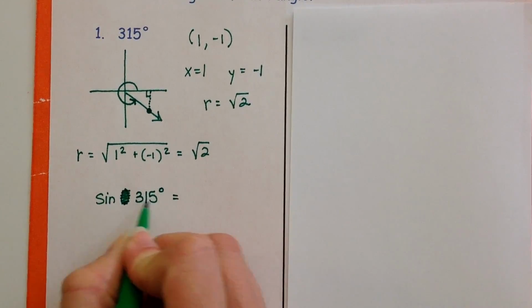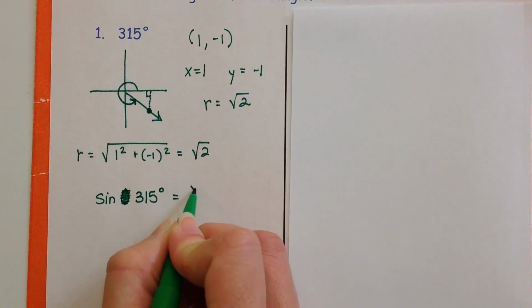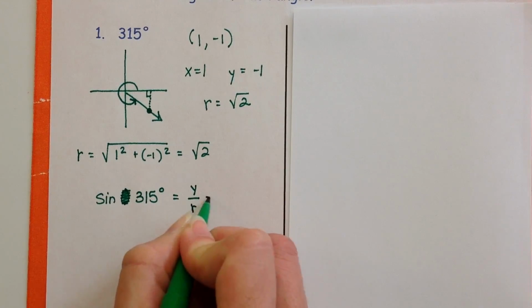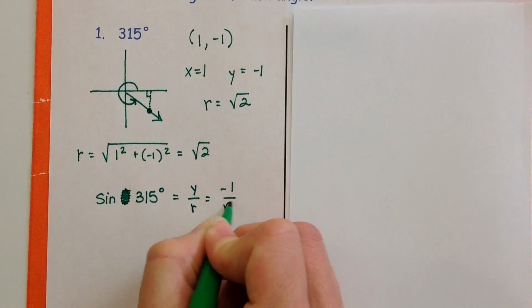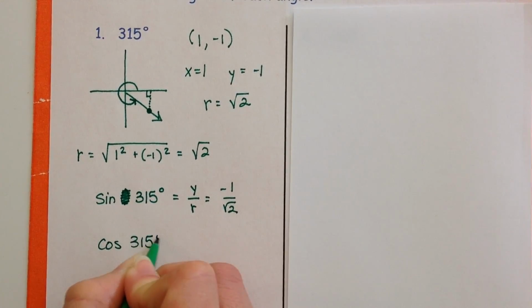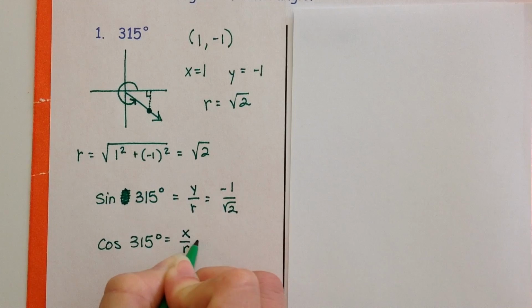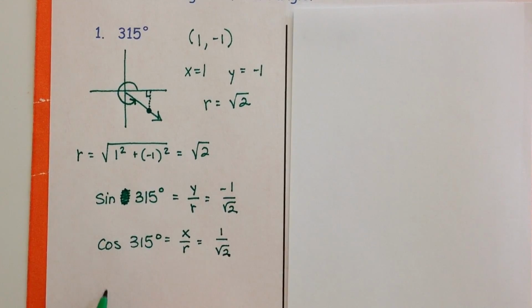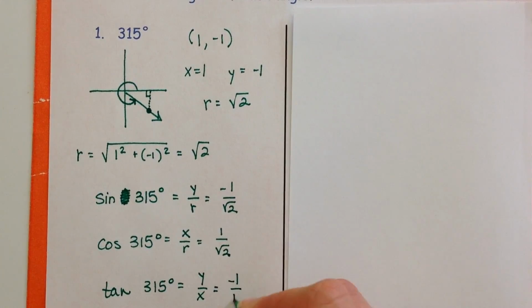So sine of 315 degrees is y over r, so -1 over square root 2. Cosine of 315 degrees is x over r, so that would be 1 over square root 2. And tangent of 315 degrees is y over x, so -1 over 1, which reduces to -1.